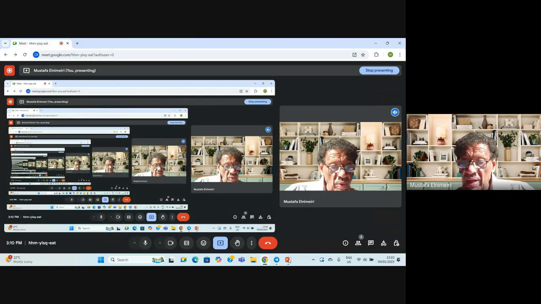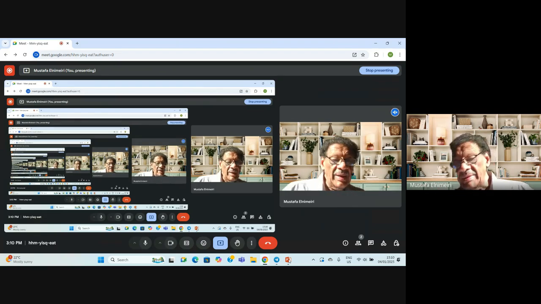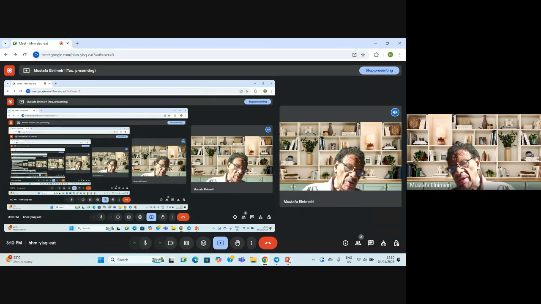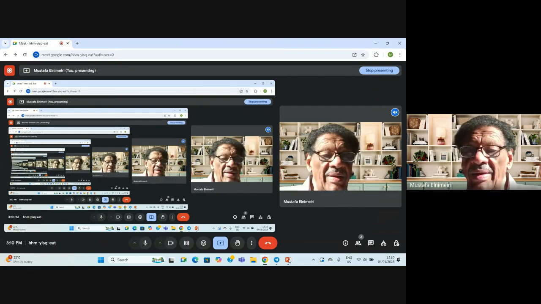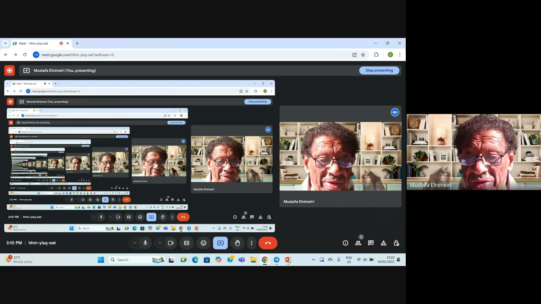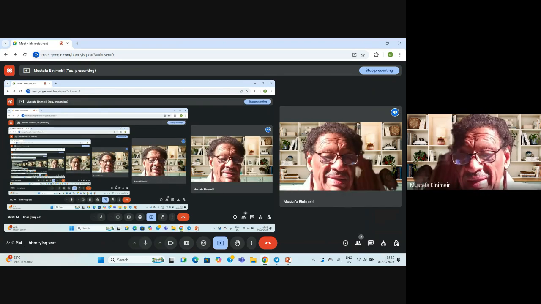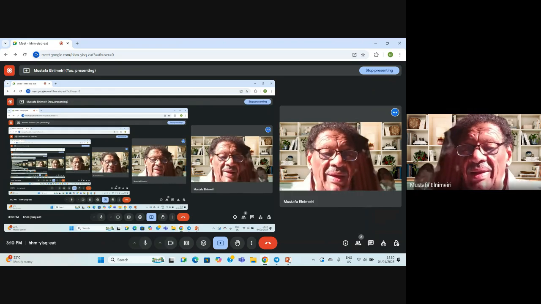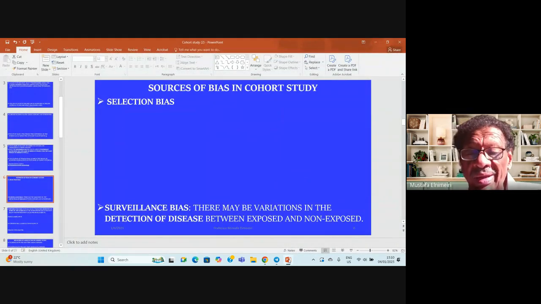In other words, if those who are diagnosing the cases or following the cases know that the member is exposed to the certain factor, then they can go into details.